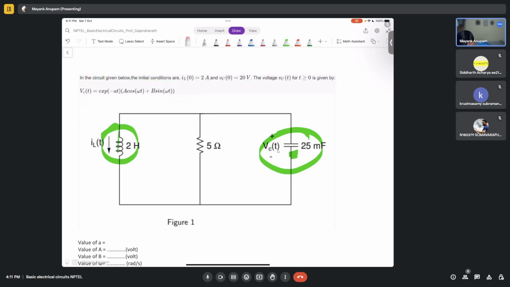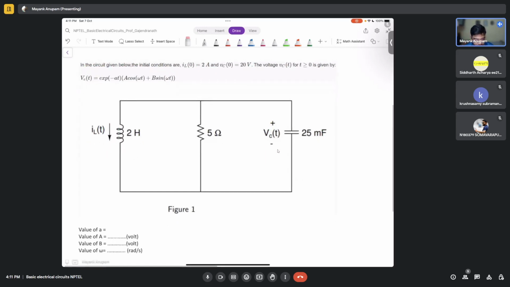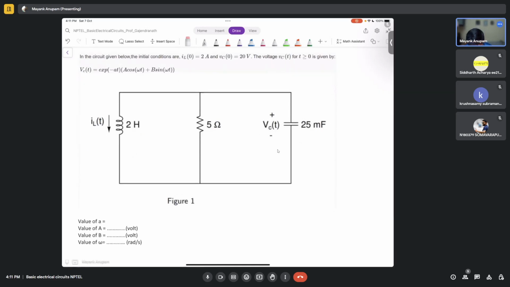So how do we do that? First of all, what kind of circuit is this? Is this a parallel RLC or a series RLC?